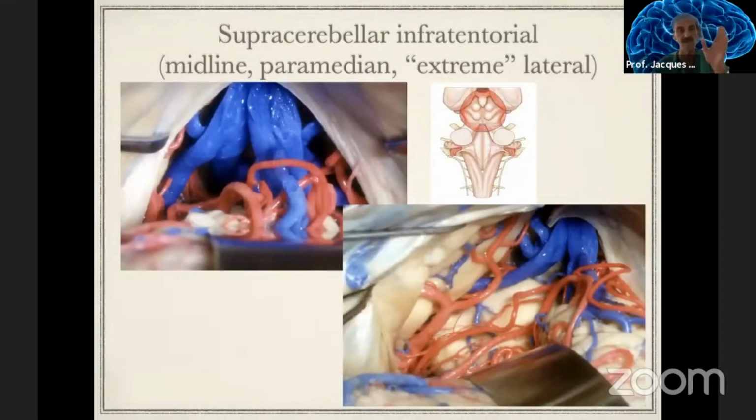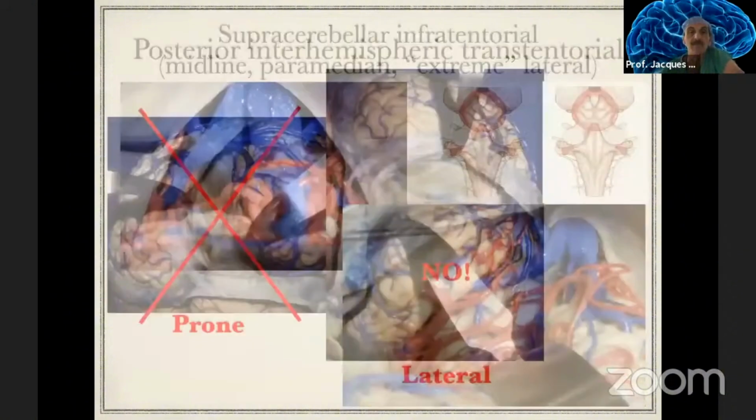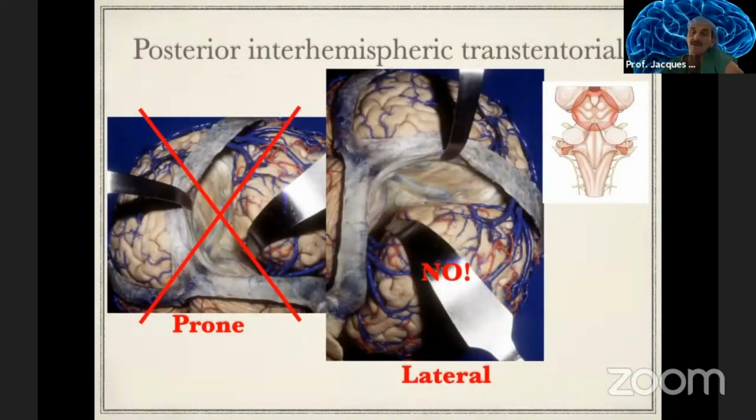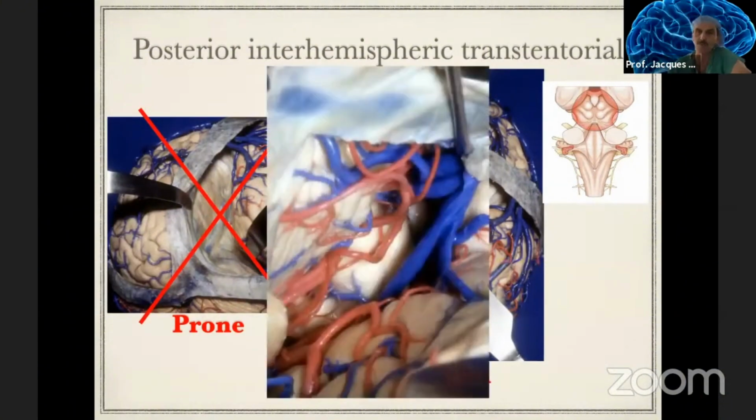It has 3 variants, as you know: midline, paramedian, and extreme lateral, if I want to approach the collicular plate. Sometimes the posterior interhemispheric transtentorial approach, if the lesion is too high, but I like to do it with the hemisphere down, not with a neutral position, so that you don't have to retract and you can do a lumbar drain.